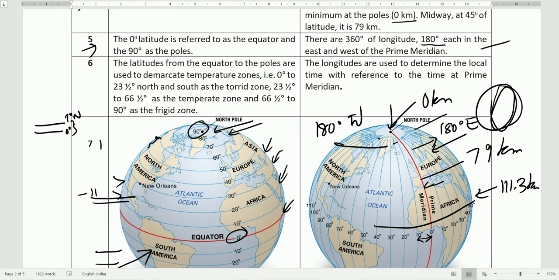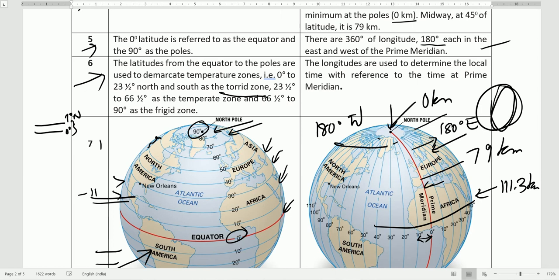Then the next point: the latitudes from the equator to the poles are used to demarcate temperature zones. That is, 0 degree to 23 and a half degrees north and south is the torrid zone, that you have learned in the previous classes.